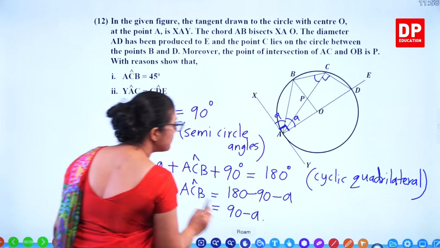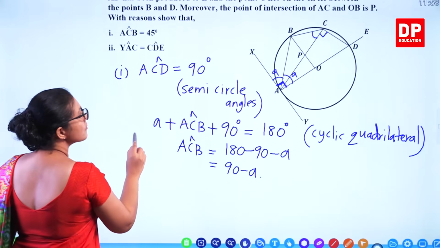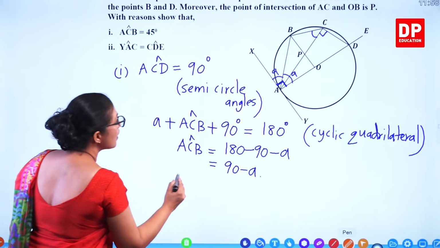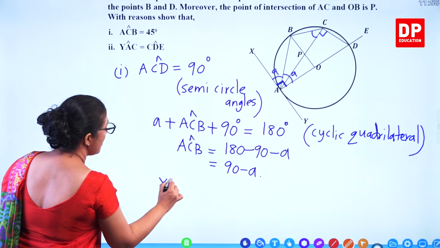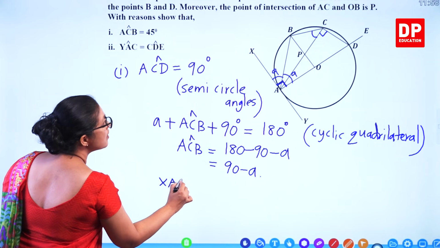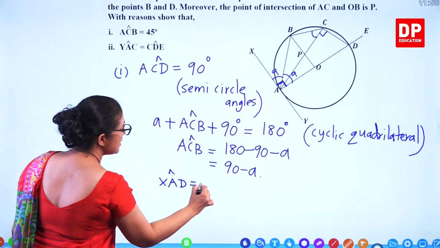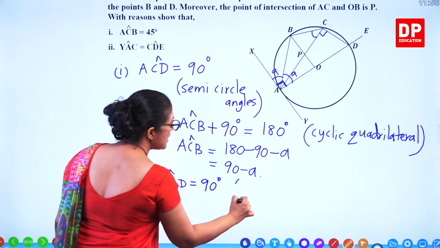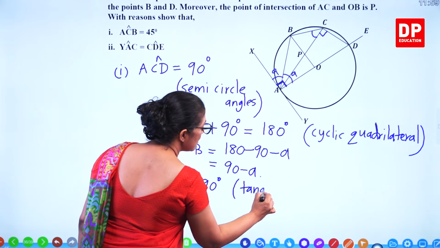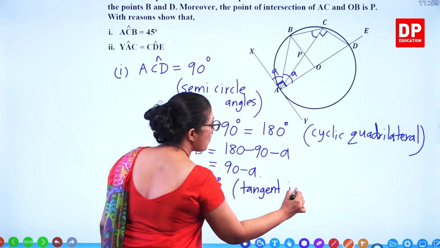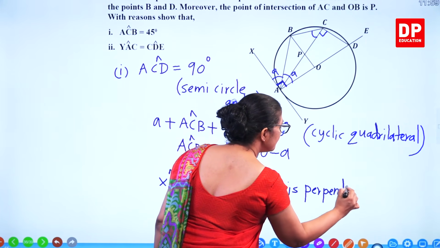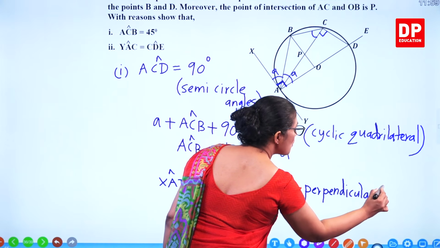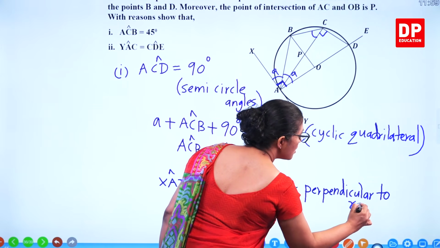So what's the A value? Angle XAD is 90, because a tangent is perpendicular to the radius or diameter.